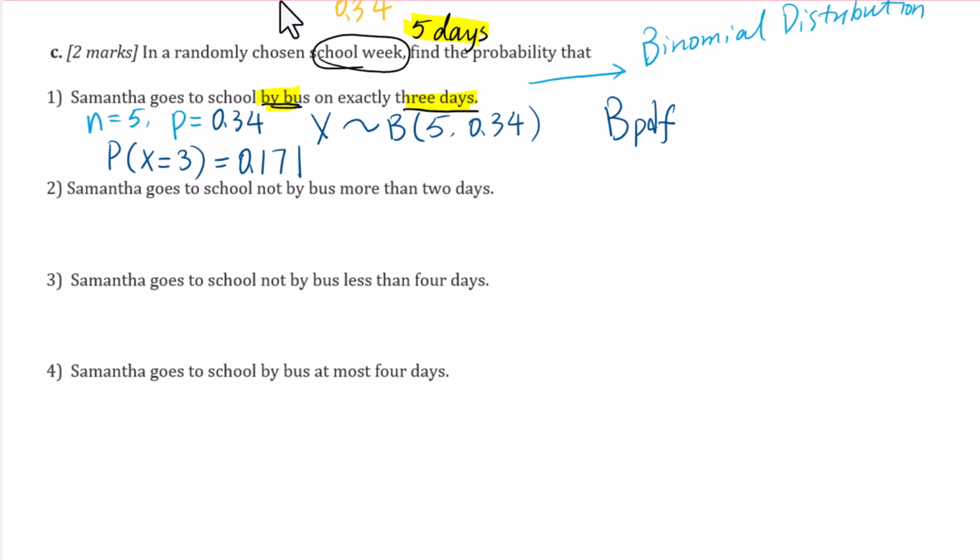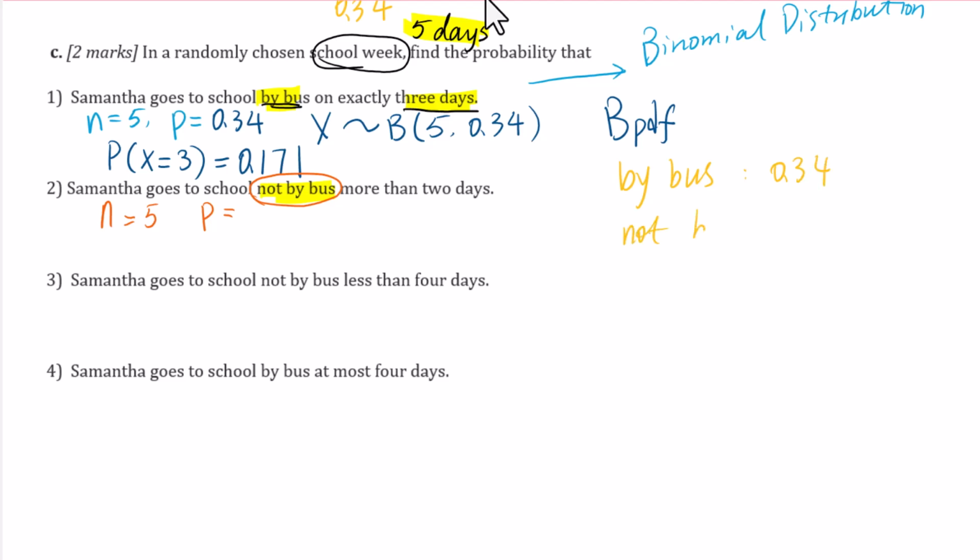Let's go to C2. Samantha goes to school not by bus more than 2 days. N equals 5. Probability of going to school not by bus: the probability of by bus is 0.34.